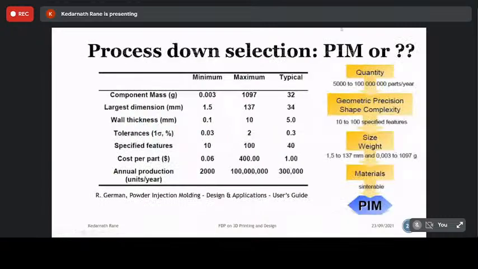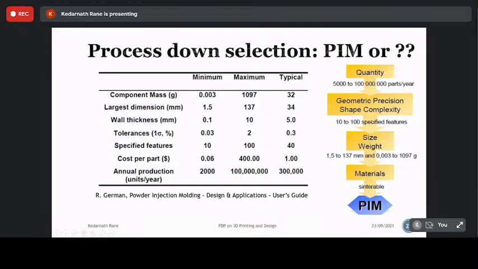When it comes to the applicability of the PIM or MIM process, a typical manufacturing engineer selecting a metal injection molding process suitable for production of certain shapes and quantities can see this down selection criteria. You need to consider a very high quantity requirement, typically millions of parts, very high geometrical complexity, and very high geometrical precision.